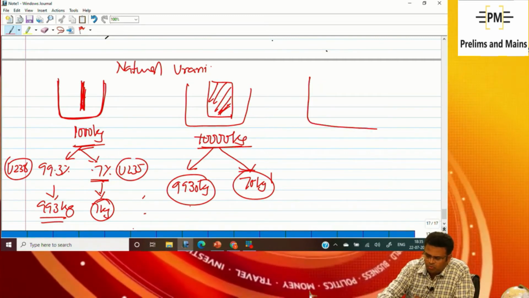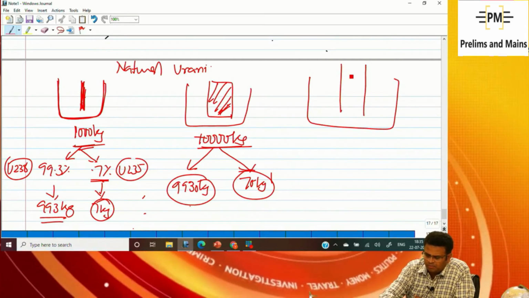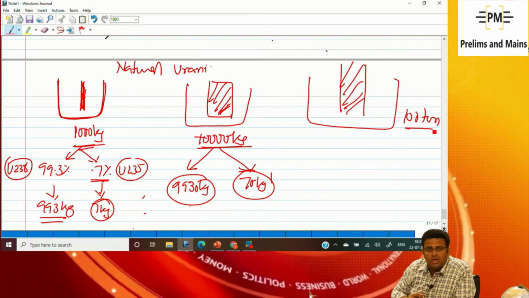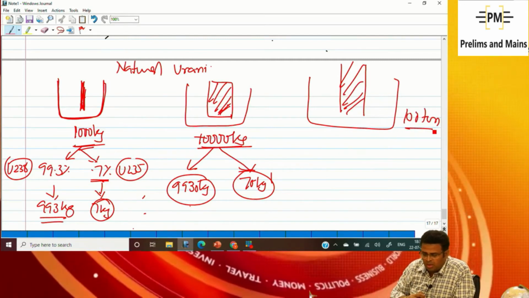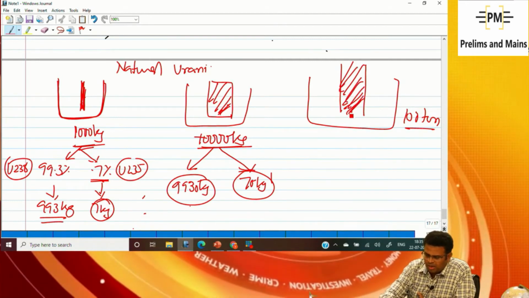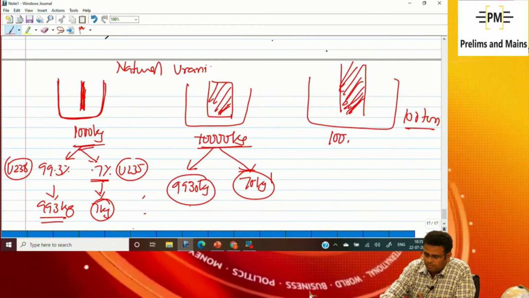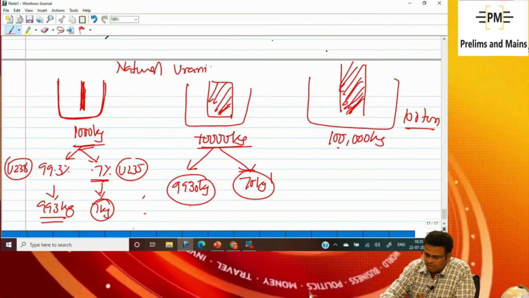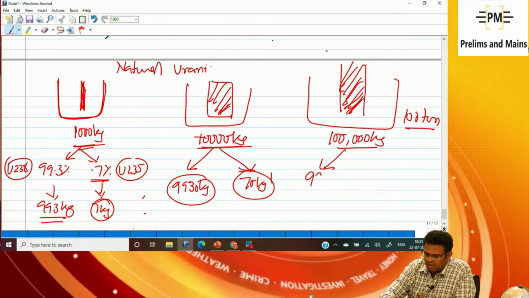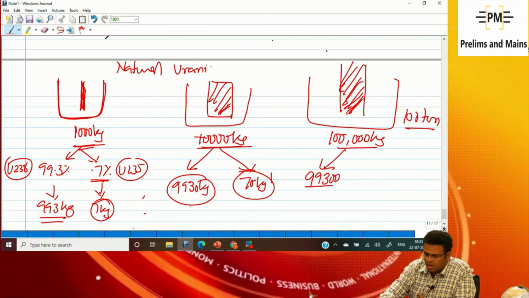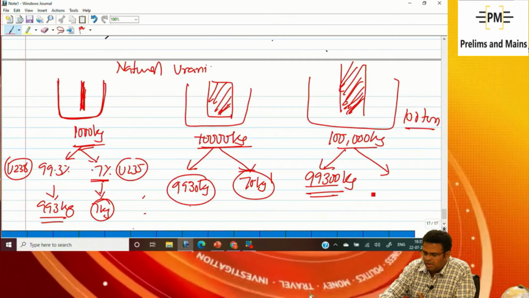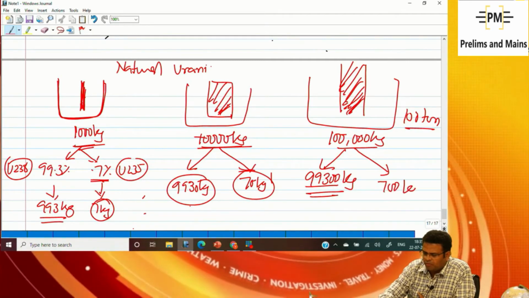Now we say we should have 1 lakh kg, that means 100 tons of natural uranium. In this, 99,300 kg will be uranium-238, and 700 kg will be uranium-235.